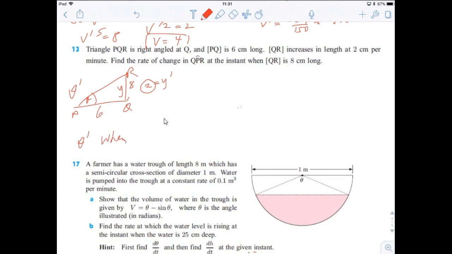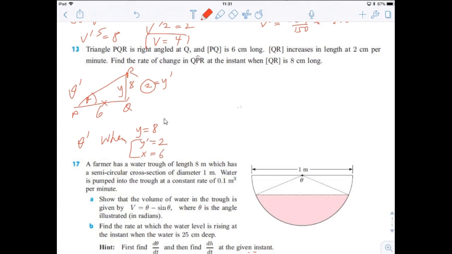The other two pieces of information are like constants. So y dash always equals 2, and x, which we'll call this x, is always 6.